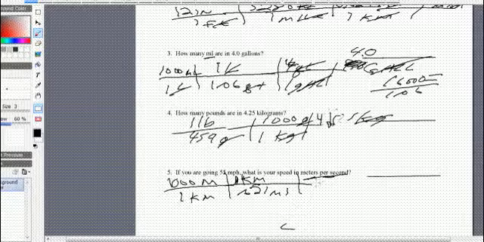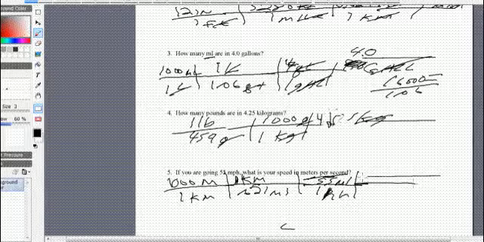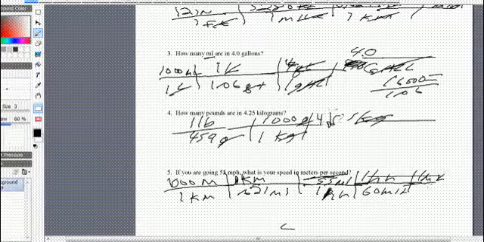I know that 0.621 miles, they give me 55 miles per hour, so I'm going to put the 55 on top, per 1 hour goes on bottom. I'm trying to get to seconds, so I know 1 hour is 60 minutes. I know 60 minutes, 1 minute is what? 60 seconds.